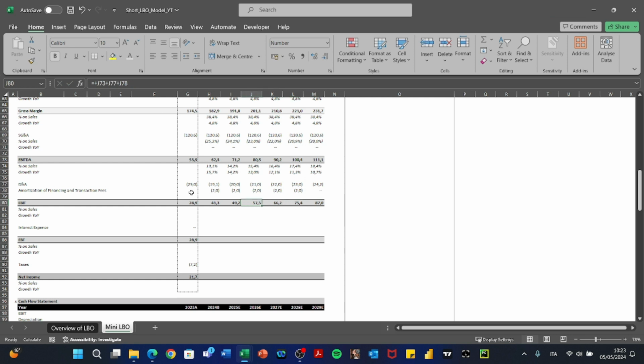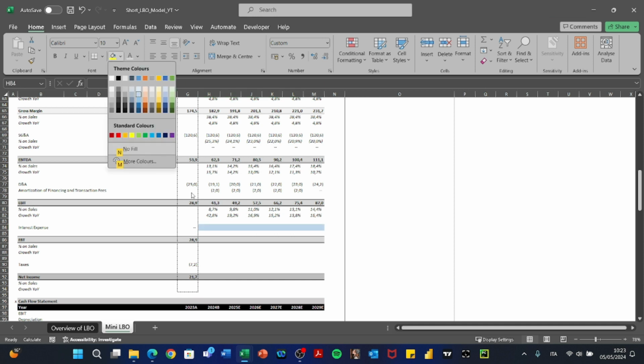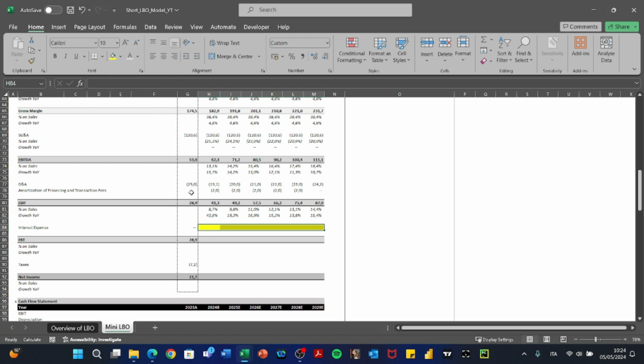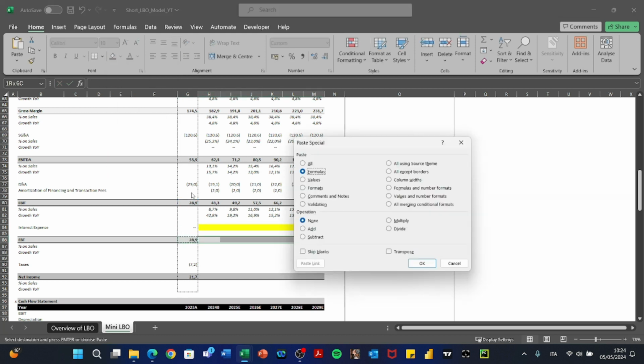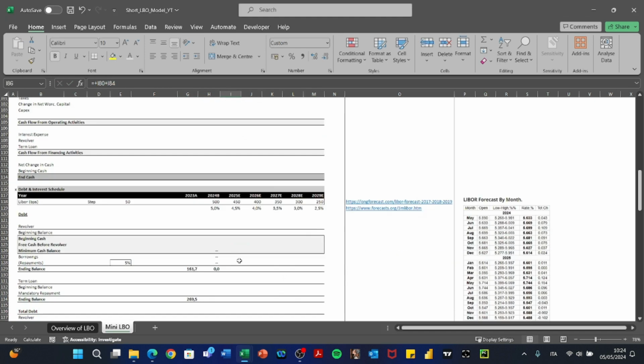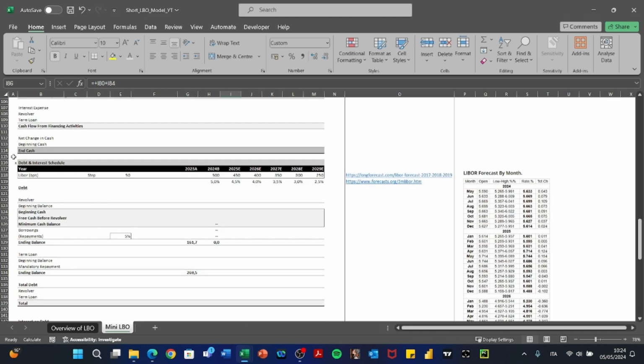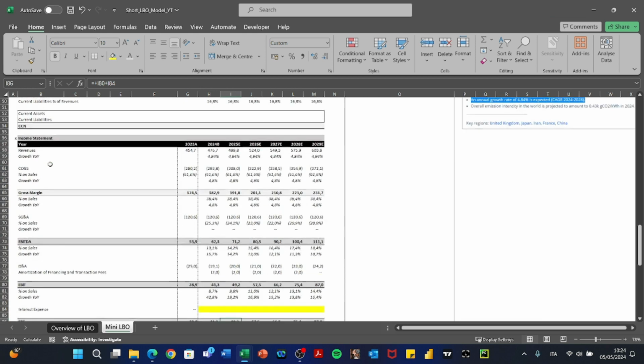About interest expenses, let's see the profit margin and its growth year-over-year. Okay. So about interest expenses, I keep this row empty for now because we have to model our debt and interest schedule first.